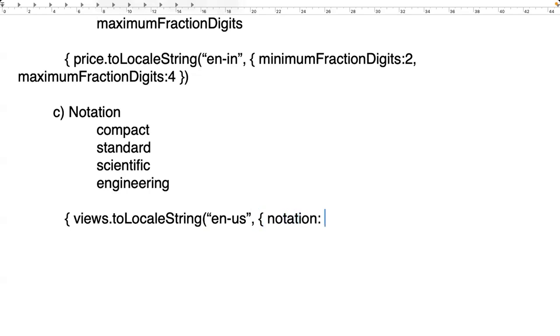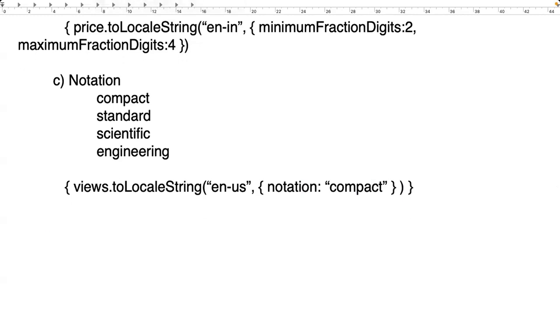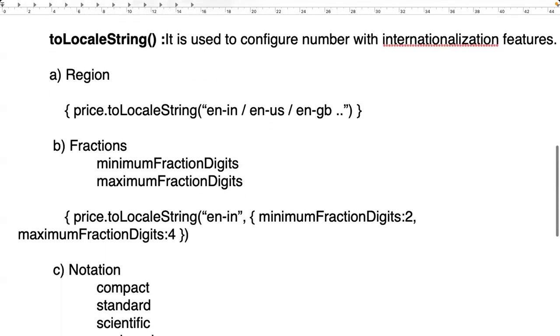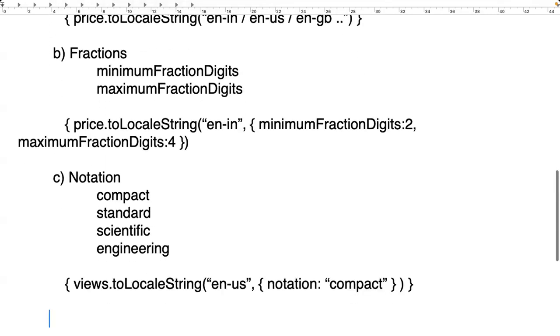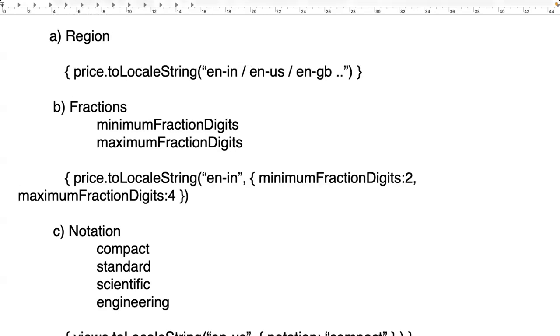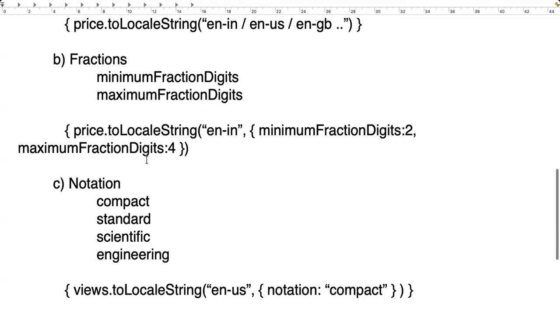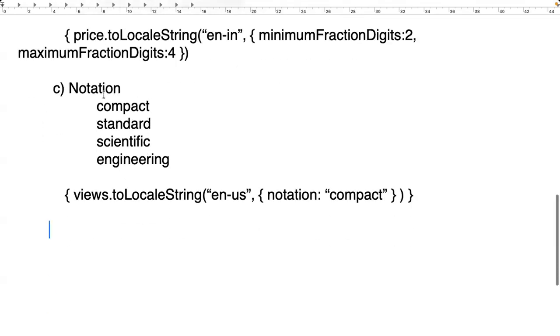Notation is either compact, scientific, or engineering. So while displaying numbers, what are the options available? We have the region, English India or English US. We have fractions, minimum fractions and maximum fractions, and we have notation. Notation is compact, standard, scientific, engineering.